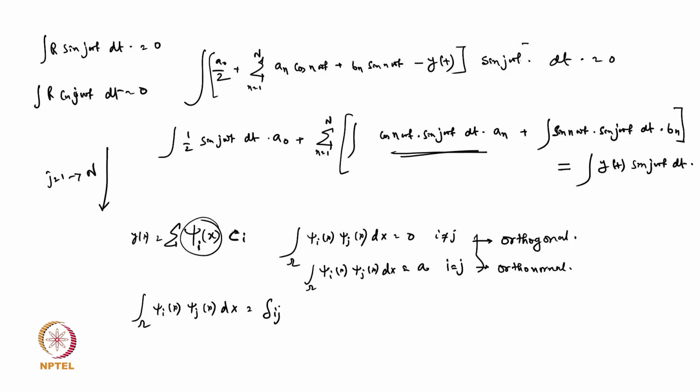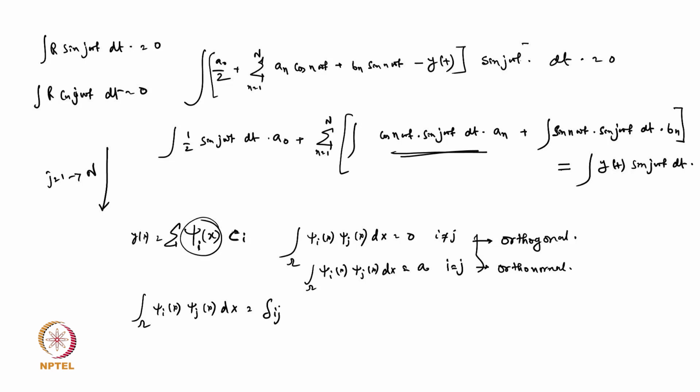So what is the Dirac delta? If i equals j, it will be a constant value, that is 1. Once you substitute Dirac delta directly, it should be 1. It cannot be any other number. And if i is not equal to j, it will be 0. You see, that exactly matches with this.